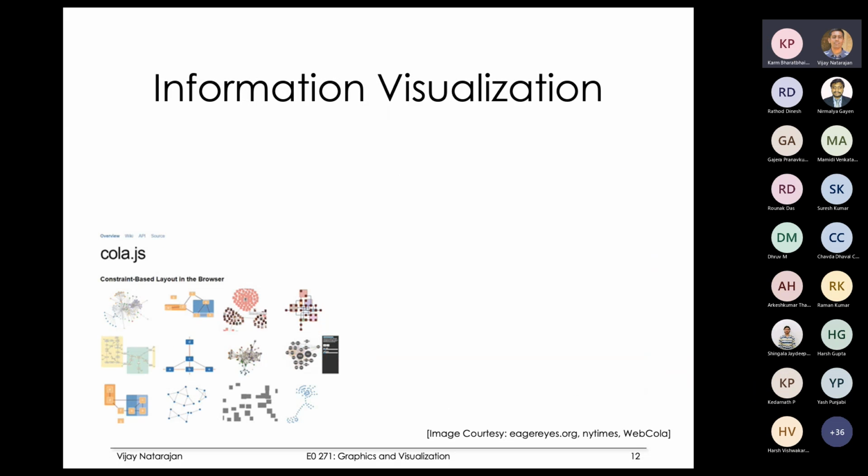Data can be abstract as well. Data can represent relationships. They can represent connections, networks. So the study of such data and their visual display is called information visualization.